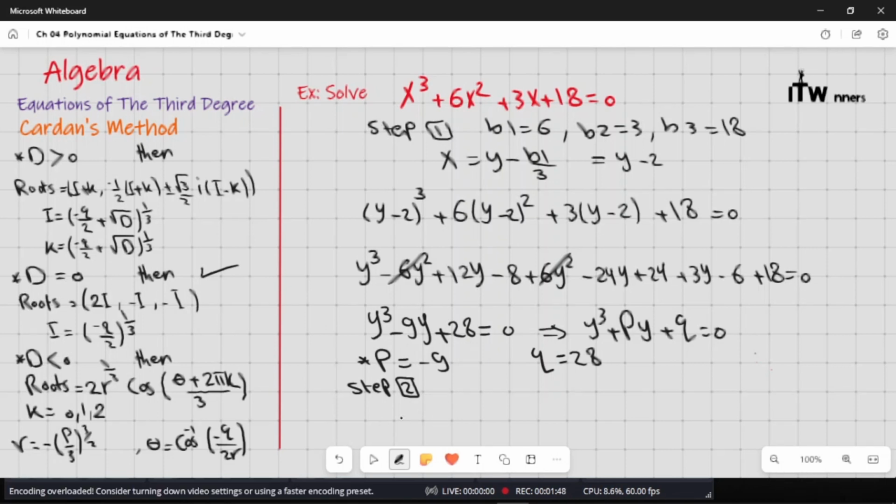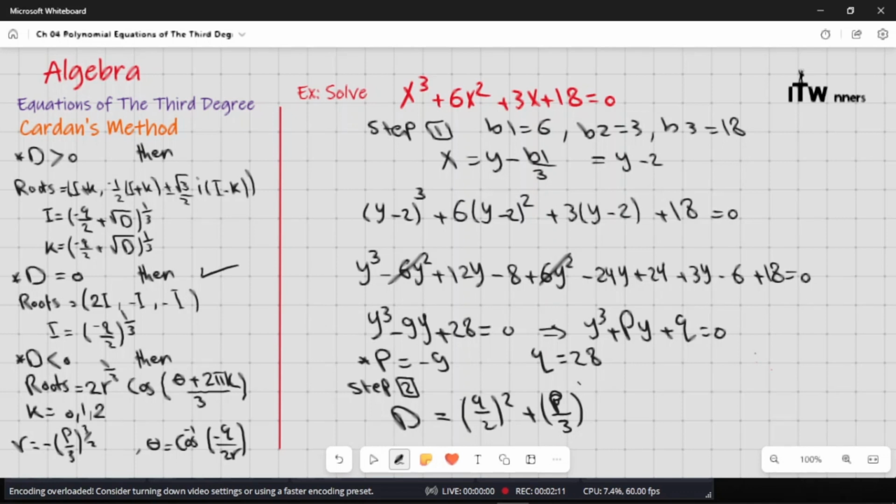So we have here d equal to the square of half of q plus the cube of p by 3.